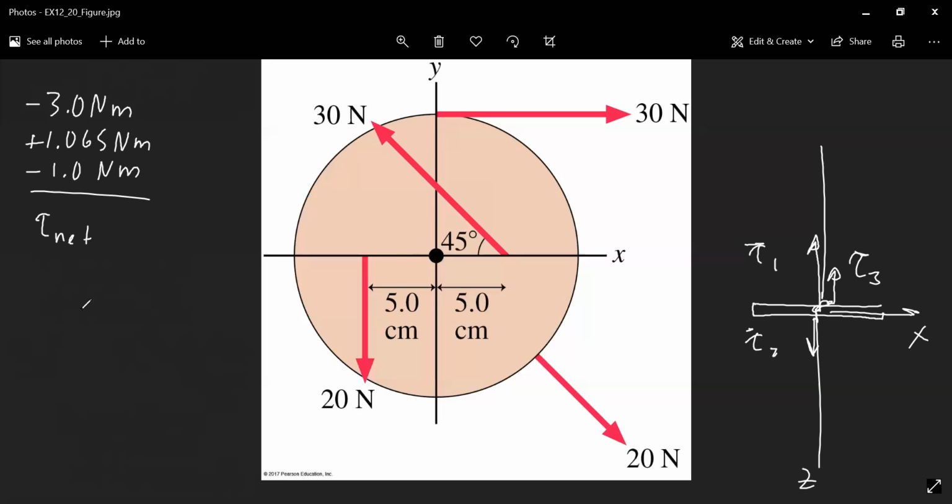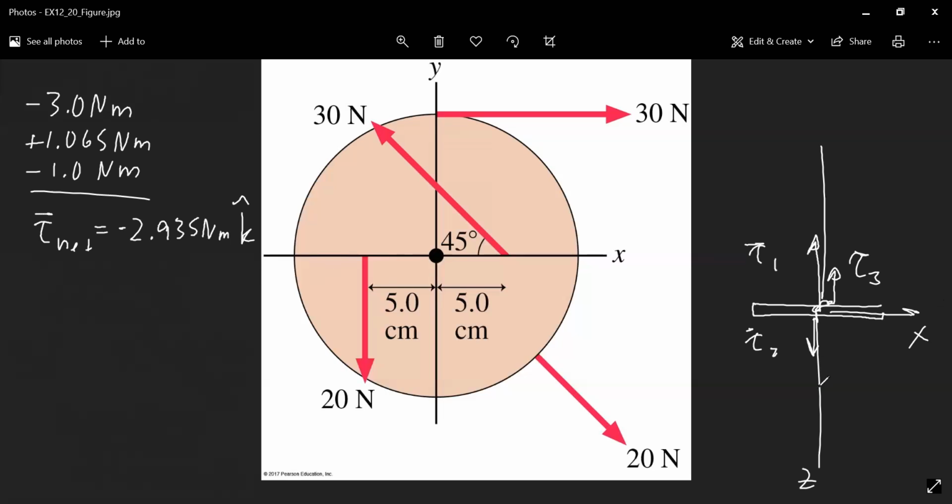Let me write that a little bit nicer. We're left with a net torque of minus 2.935 Newton meters in the k-hat direction.